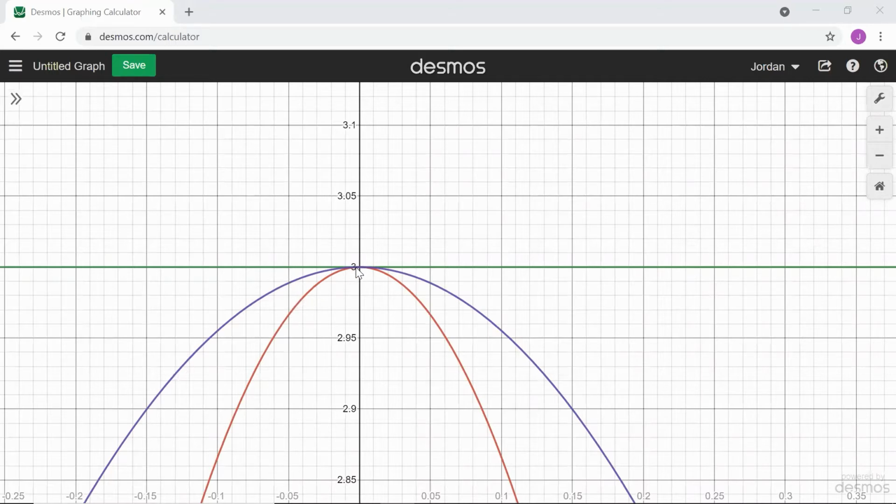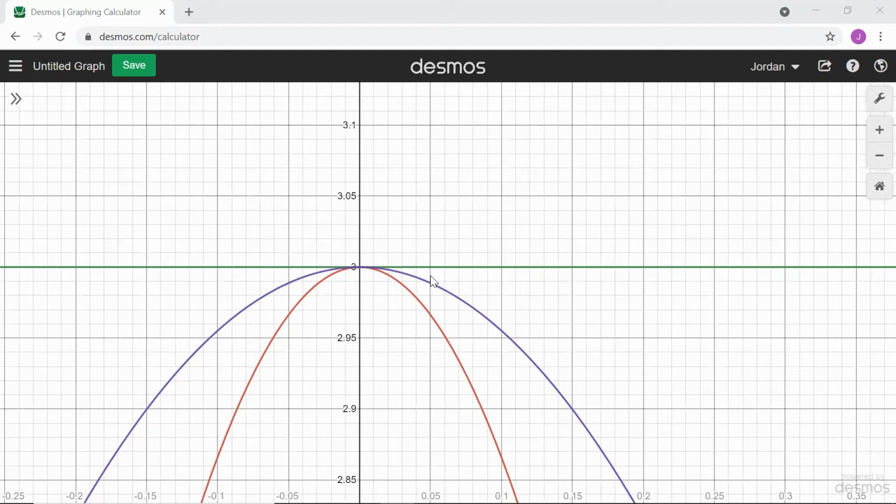Now, notice how the red and the green converge onto this one point. And if the purple graph is forced to stay between the green and the red, then it too has to converge onto that one point. And this happens in both directions.